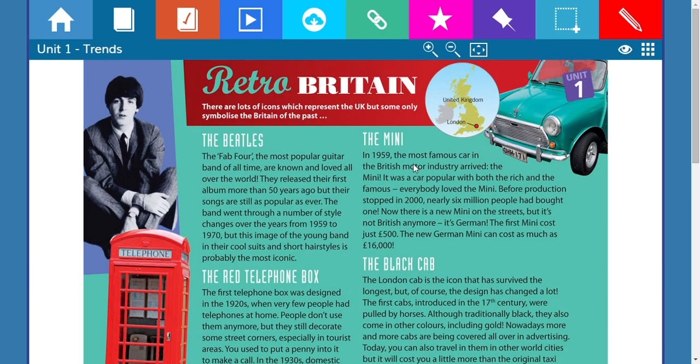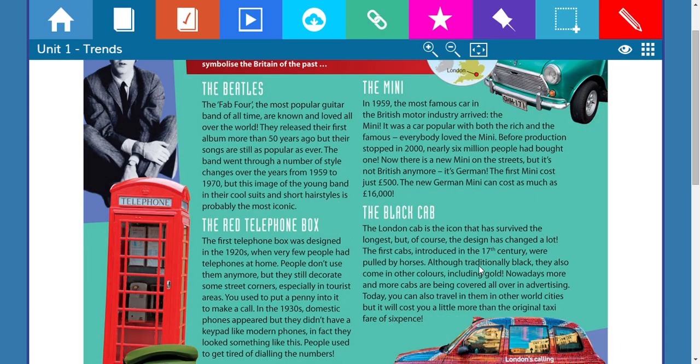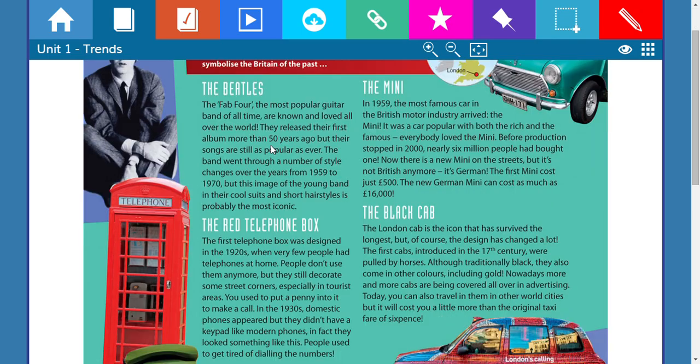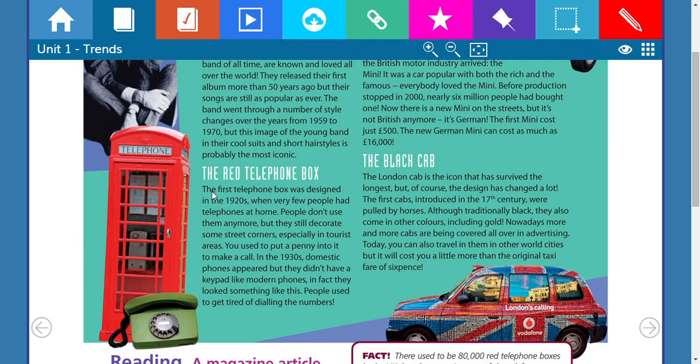So, those pictures refer to, the person in this picture is Paul McCartney, and he is a member of the Beatles. No? The second one is the red telephone box.